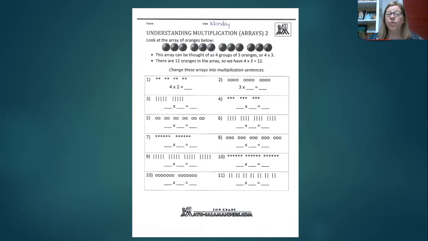There are 12 oranges in the array, so we have 4 times 3 equals 12. Now, it says to change these arrays into multiplication sentences. Just like you did on the first page, fill in the numbers that match the symbols on this page.